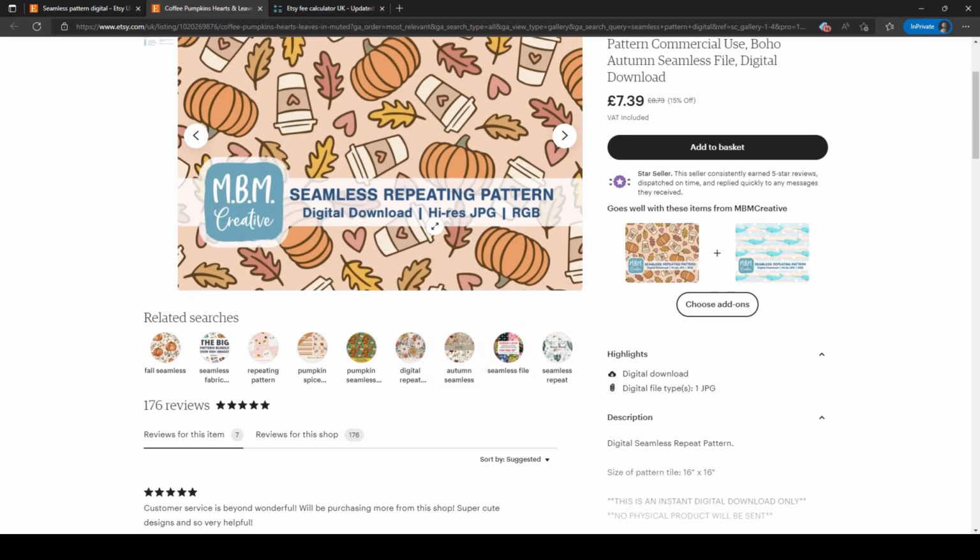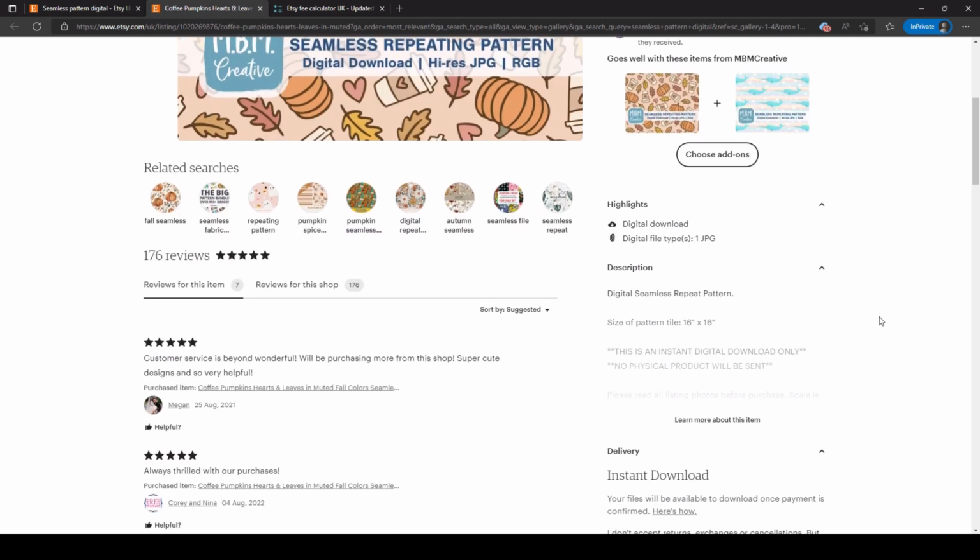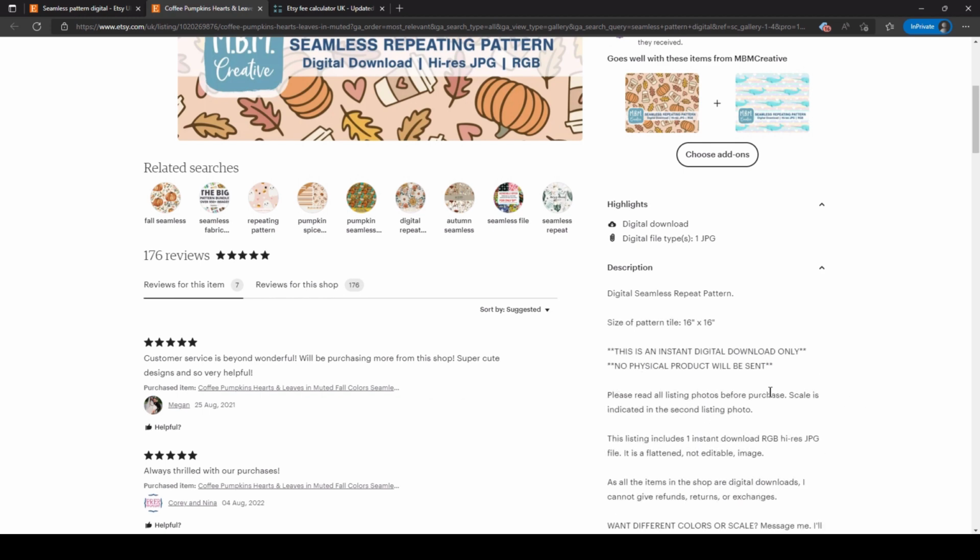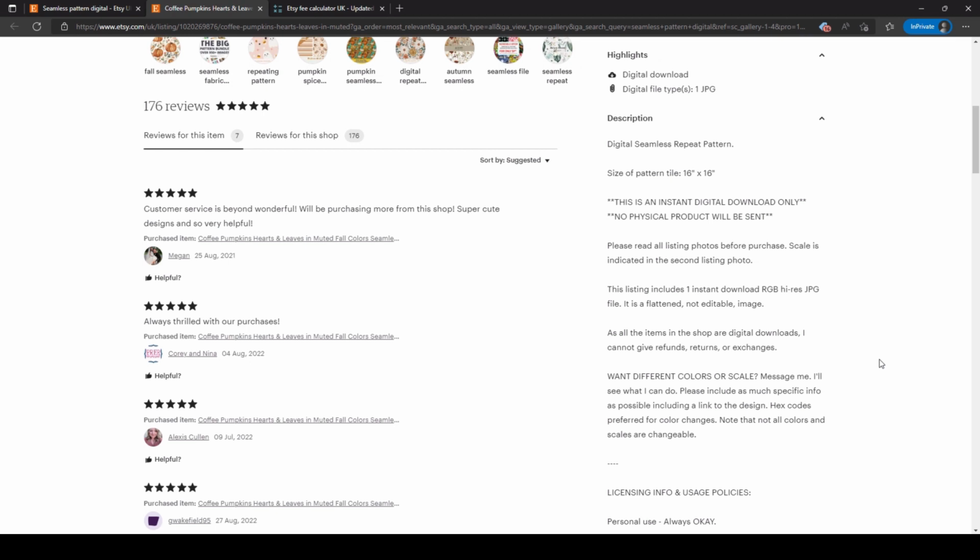It would maybe take 10 minutes of work to make a pattern like that, and it's an instant digital download. It's not physical, it's just a JPEG.